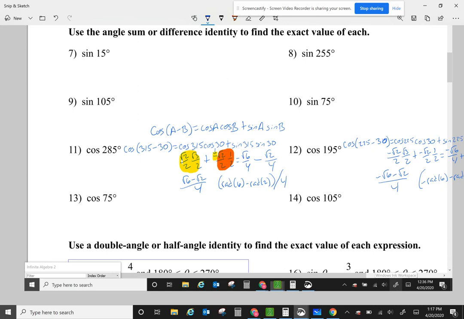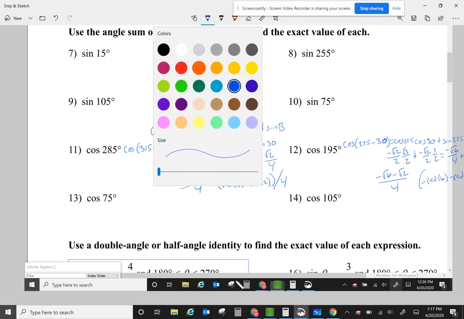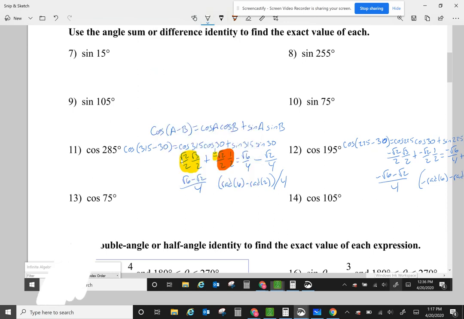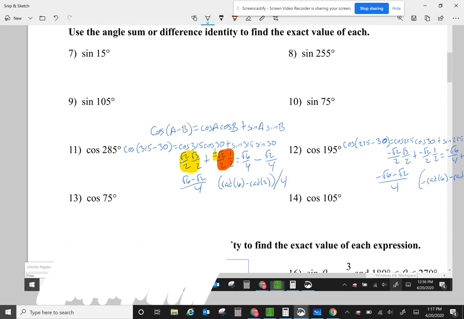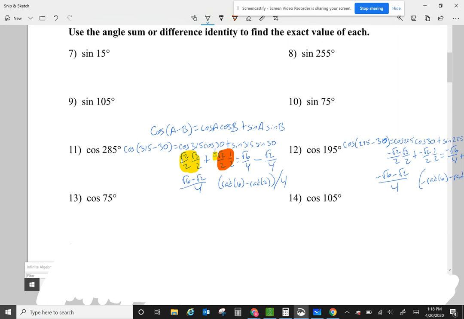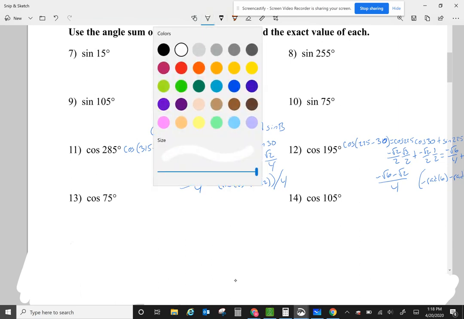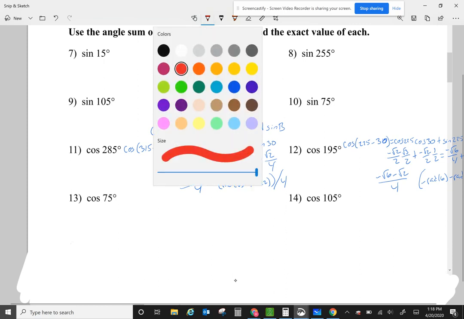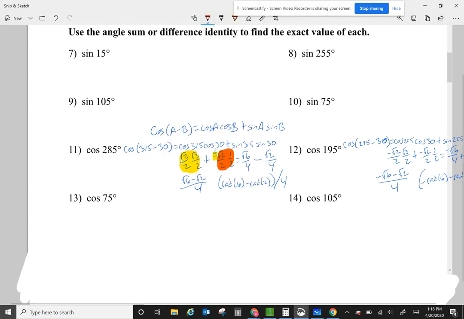Now, for us to practice, let me give myself some more room. For us to practice the cosine of A plus B, for questions number 13 and 14, you can still do minus. Think of two numbers that subtract to equal the angle given. You can still do minus, but I want us to practice the plus sign. So let me remind you guys of the plus formula.